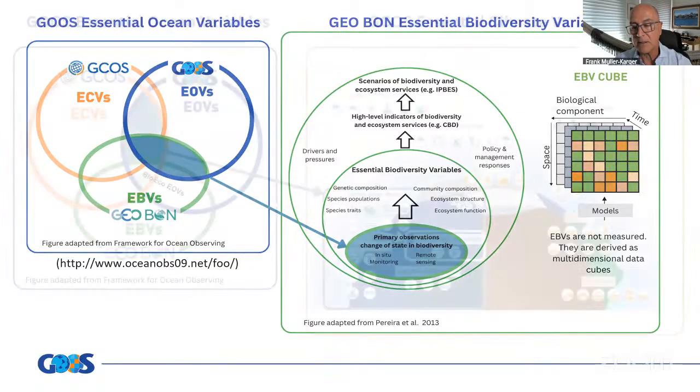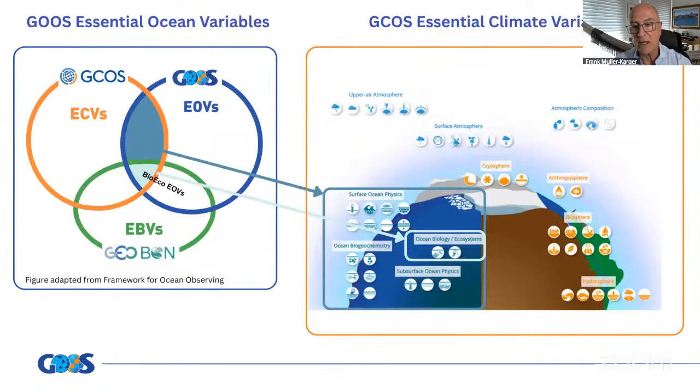So there's a similar construct for the essential climate variables. And there's actually some of these essential ocean variables for biology and ecosystems that are part of the essential climate variables. For example, plankton, both zooplankton and phytoplankton, are now considered essential climate variables because there's so much interaction.